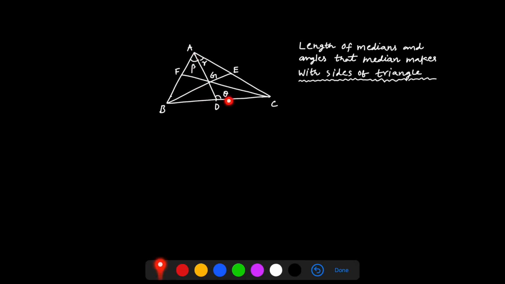So from triangle ADC, what we can write is AD square is AC square plus DC square minus 2 AC into DC into cos C, right?